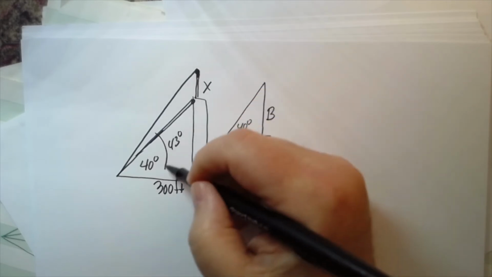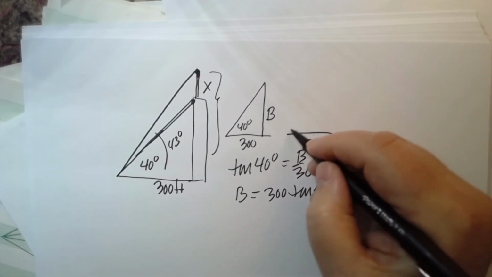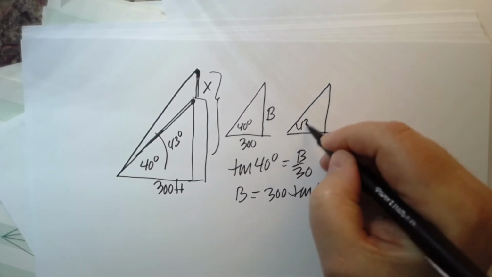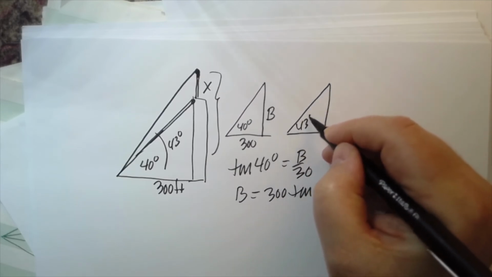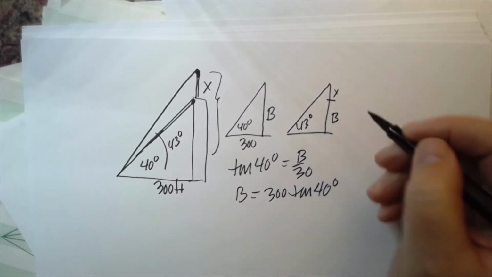And now the 43 degrees is all the way to the top, so this would be x plus B.